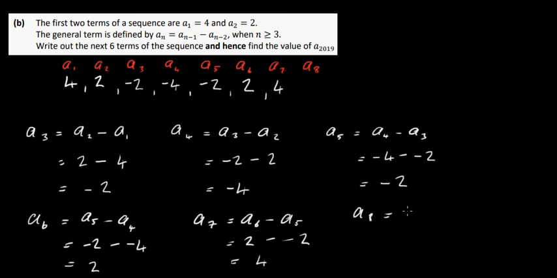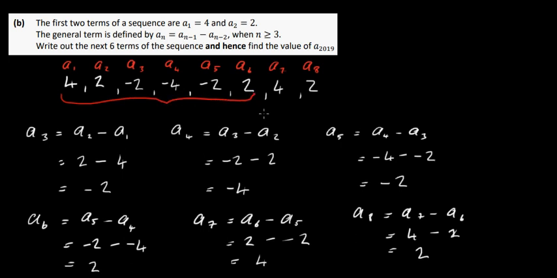A8 is equal to A7 minus A6. So A7 is 4, and we want to subtract A6, which is 2. So 4 minus 2 is 2. We get 2 here, so it is repeating. We can see here that we have 6 terms here, and then we're starting here again with 4 and 2.